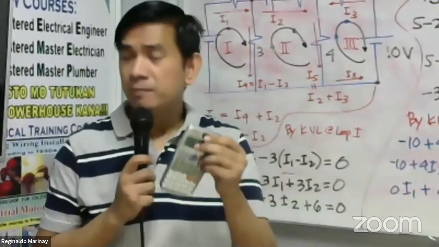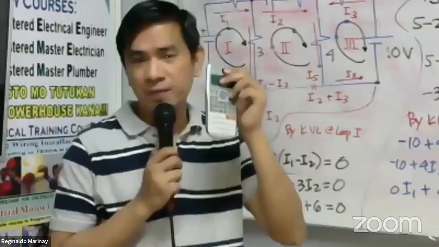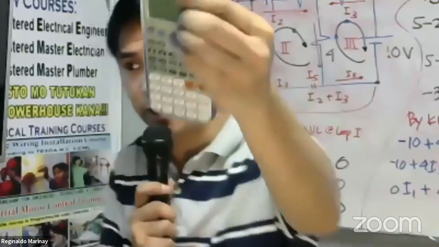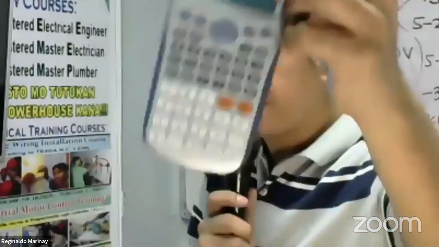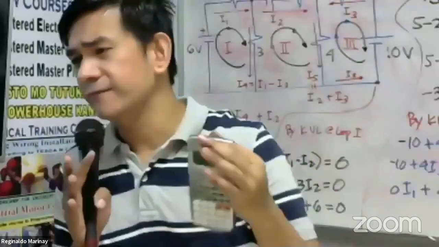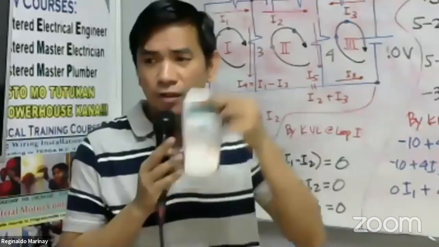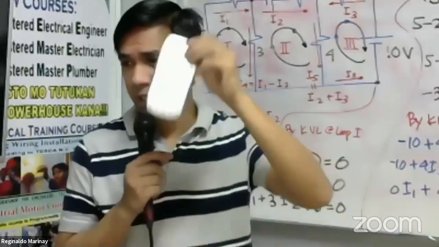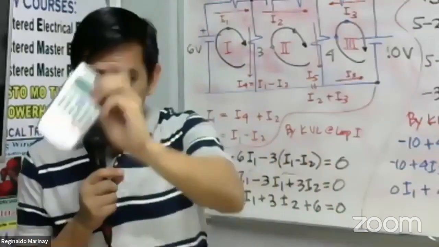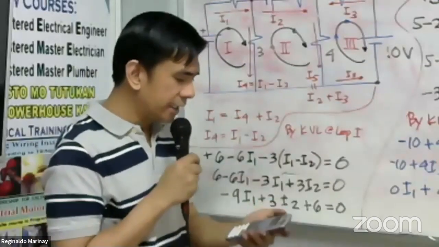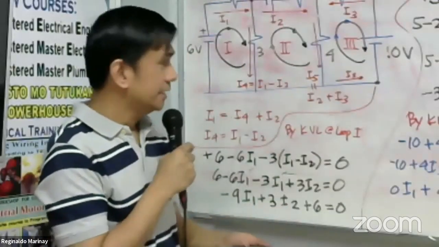But there is the same model known as the 570 ES Plus. Just the same, the only difference is the solar power here, but the function, in fact, they have only one manual. There's only one manual. Iisa lang ang manual nito. Pag bumili ka ng 991, yun din ang manual ni 570. Kasulat yun doon.